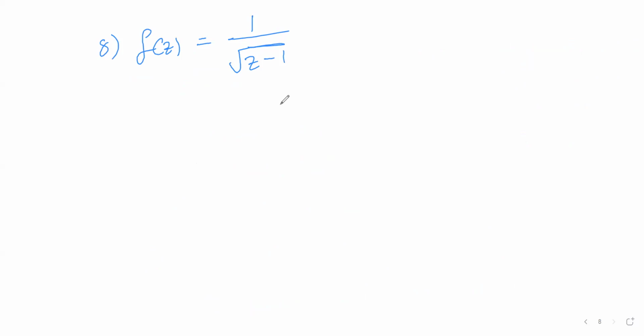So in this example, I'm asking myself, when will this be undefined? What can go wrong in this function? The only things that can go wrong are when the denominator is 0, or when what is inside our square root sign is negative.